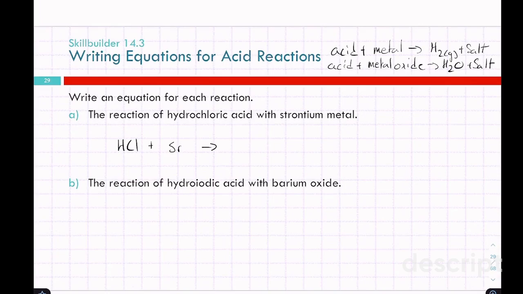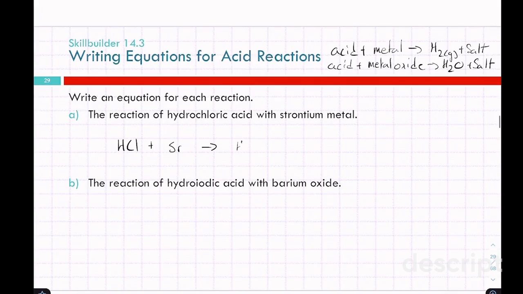So for this first reaction, what are the products going to be? Yep, hydrogen for one of them, because we have an acid and we have a metal. And a metal oxide means it's a metal with oxygen. So in this case, it's just strontium, so there's no oxygen present.